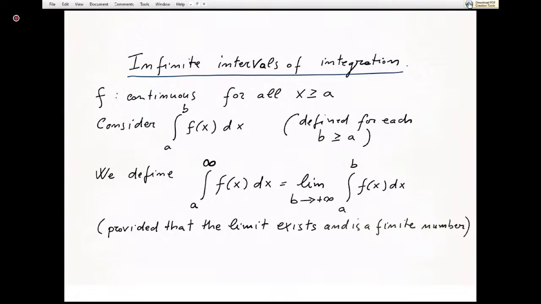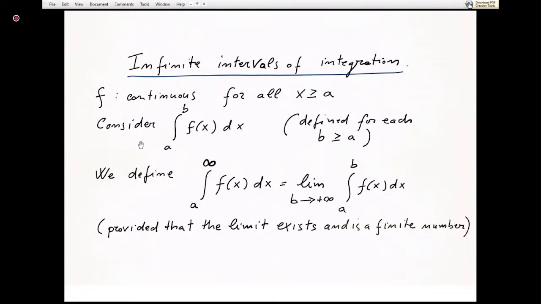It's like having the upper limit of integration, which is plus infinity, instead of just being b, a number, okay? This just has to be interpreted in the sense of a limit. It is like the integral between a and b, but b is an upper limit of integration that tends to plus infinity, okay?